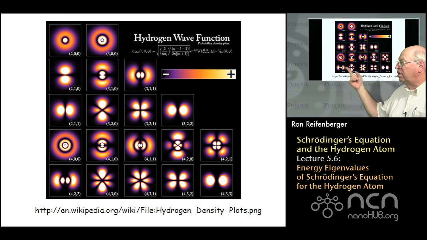What these geometric patterns represent is the probability that you find an electron at a particular radial distance away from the nucleus in the hydrogen atom. White represents high probability. Black or dark represents a very low probability density.